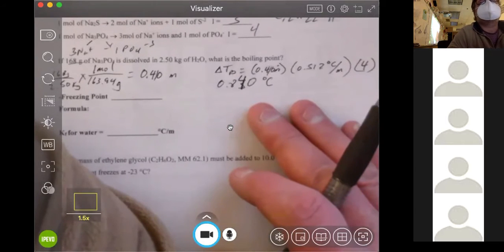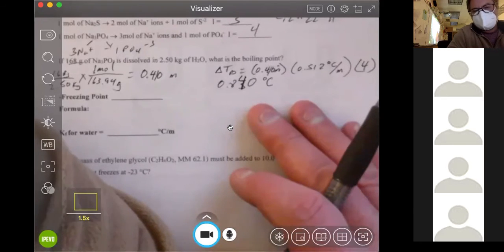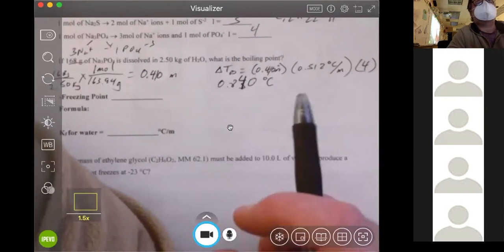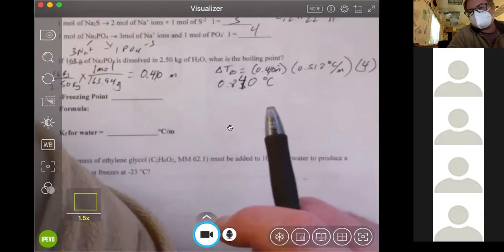We're asking the tough questions now. The questions are tough today, huh? This is the change in boiling point. So what is the boiling point? It's boiling point elevation.